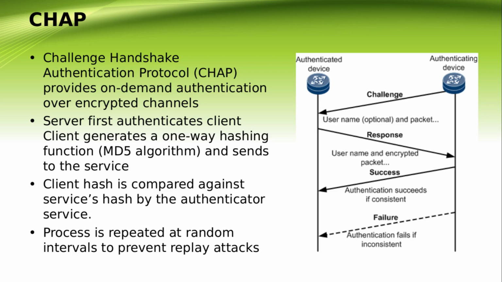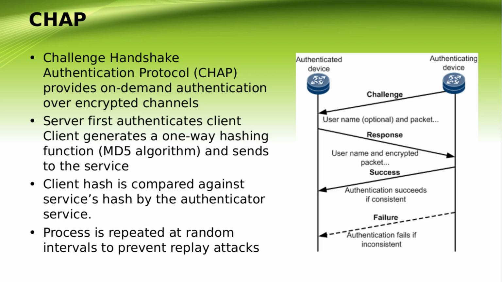CHAP, Challenge Handshake Authentication Protocol. It can be used to provide on-demand authentication within an ongoing data transmission. CHAP uses a one-way hashing function that first involves a service request and a CHAP response from the client.